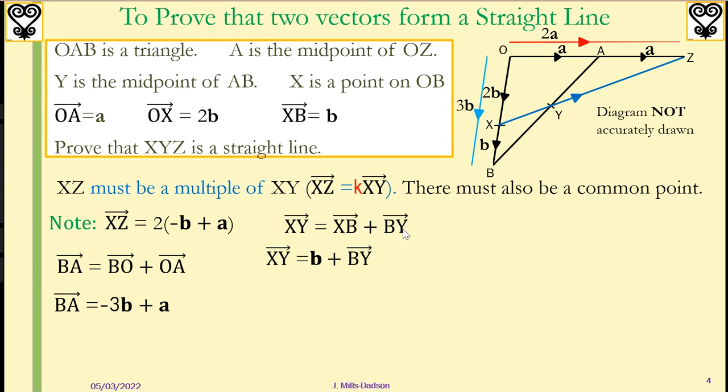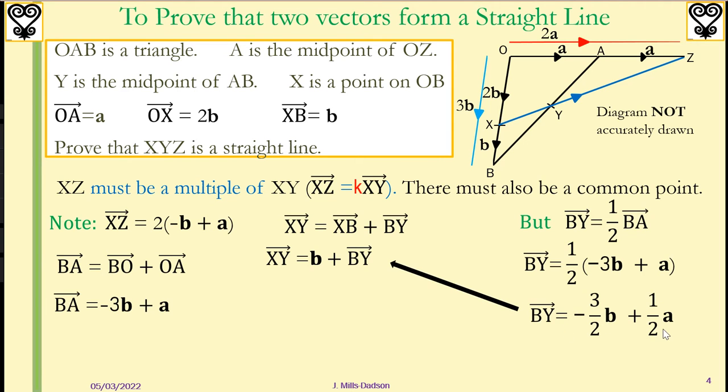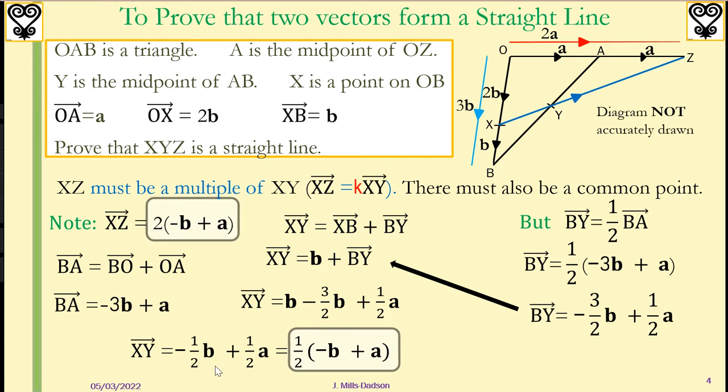Now the BY is half of BA, so work it out separately. Multiply through by half is what we have. So we are now going to replace vector BY with this, and we simplify 1B minus 3.5B. That gives you negative half B plus half A. We factor out half, that's what we have.